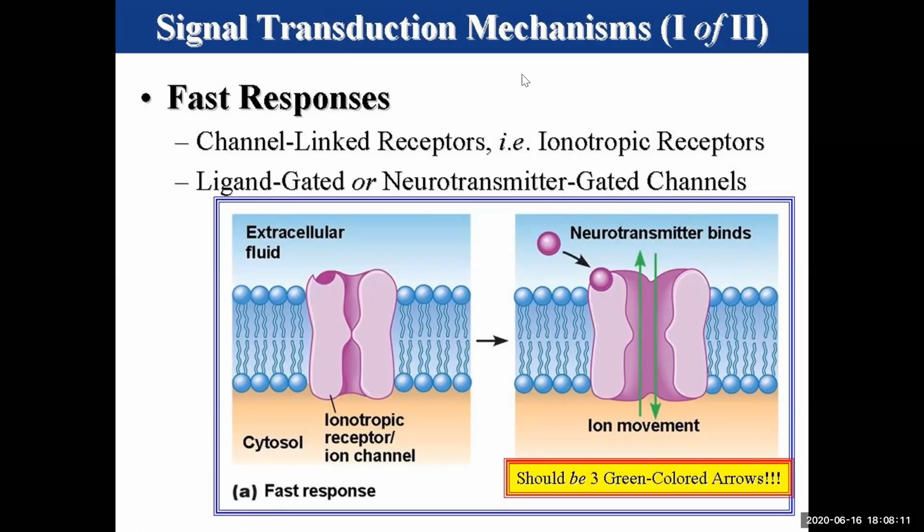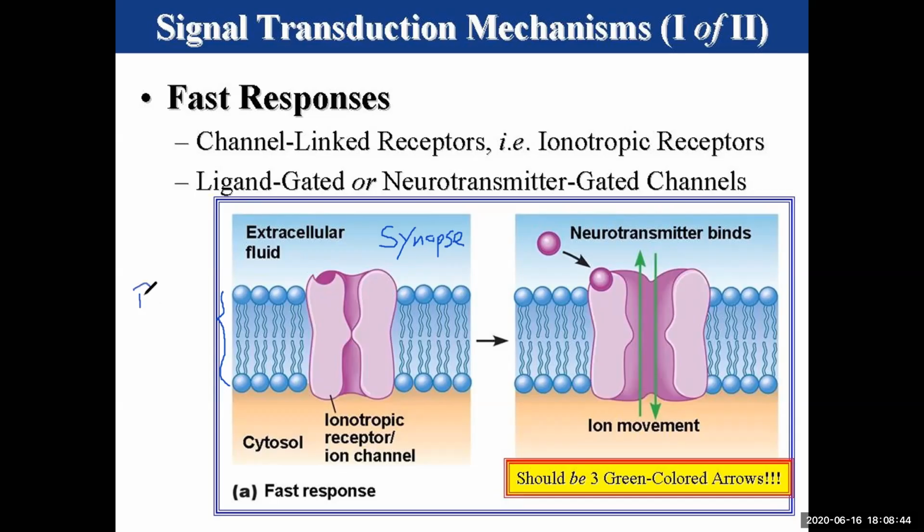Okay, so what you have here is this blue space, your synapse or synaptic cleft. This here is the cell membrane or the plasma membrane or the phospholipid bilayer.